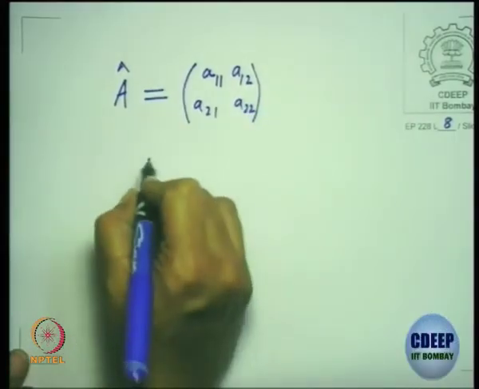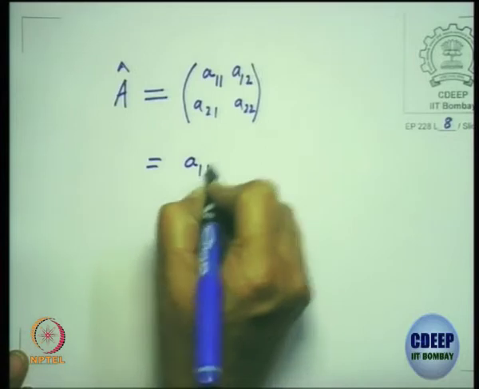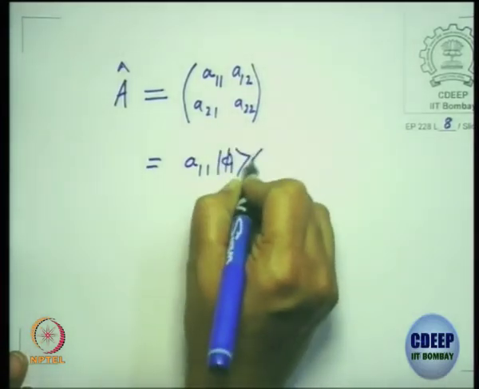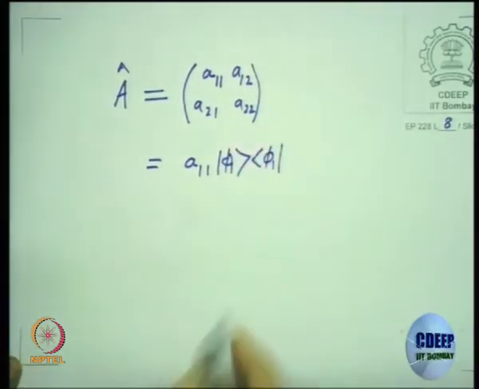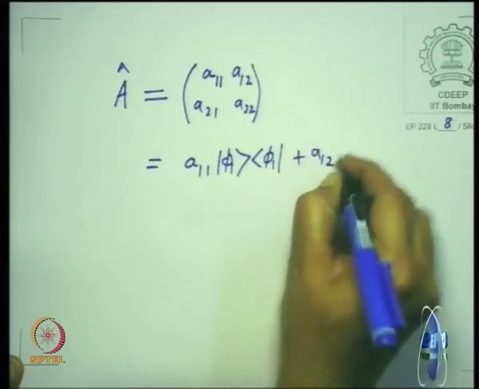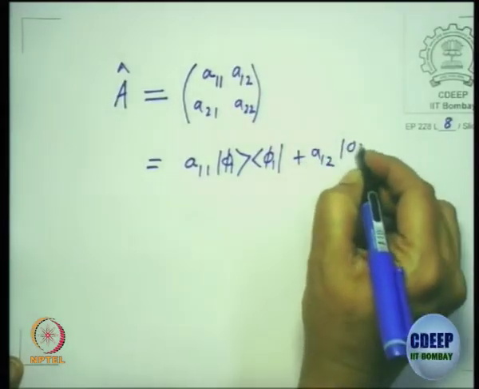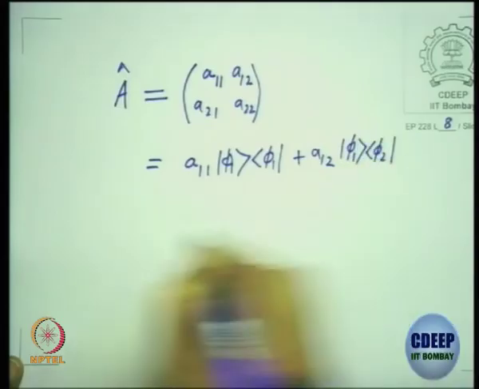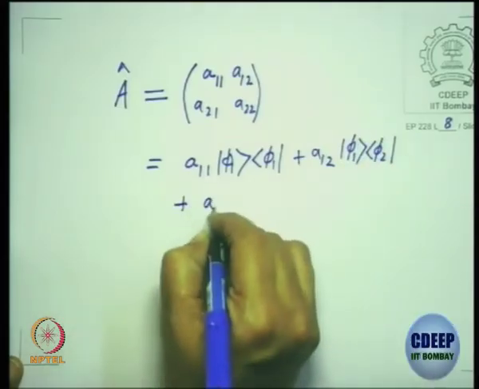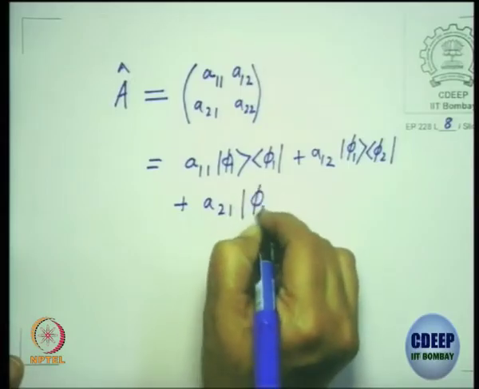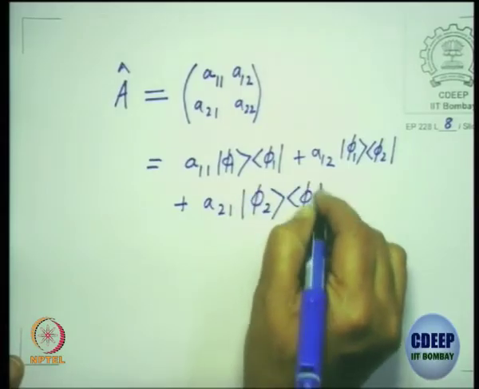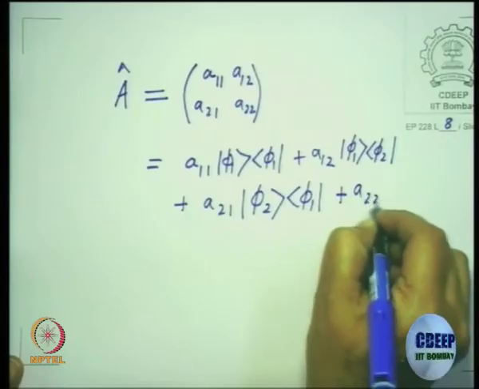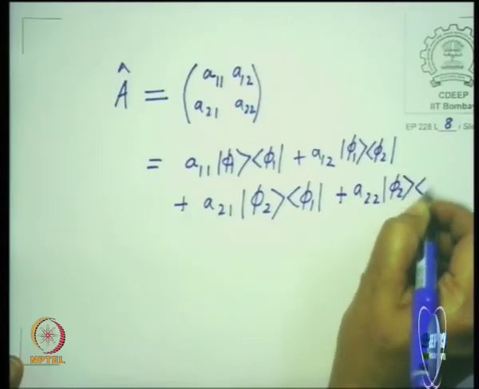I can also rewrite this as A11 phi 1 phi 1 plus A12 phi 1 phi 2 plus A21 phi 2 phi 1 plus A22 phi 2 phi 2.